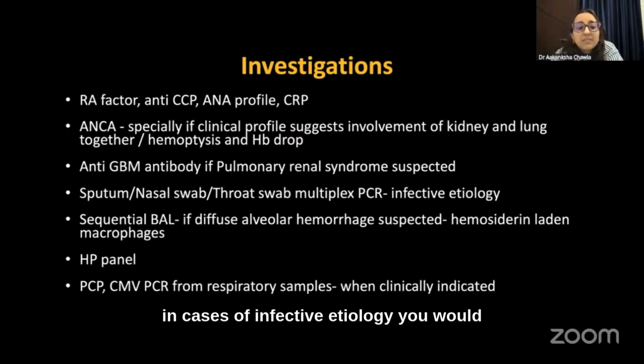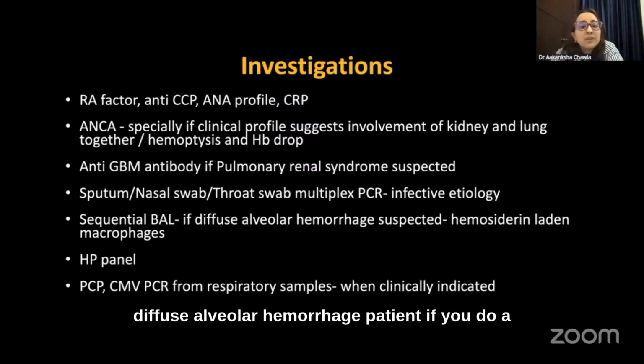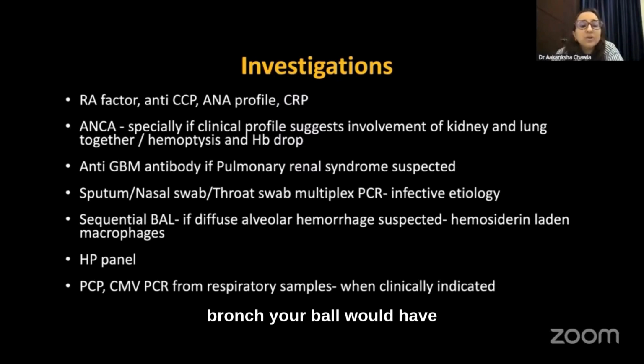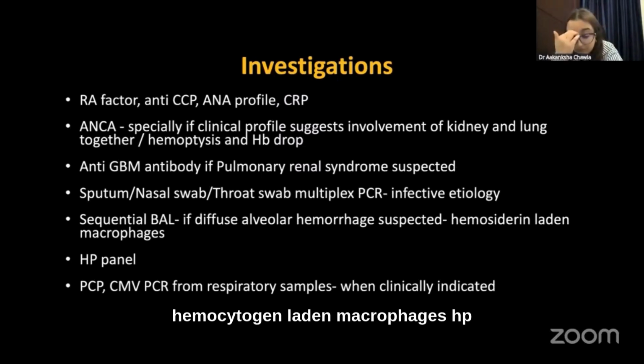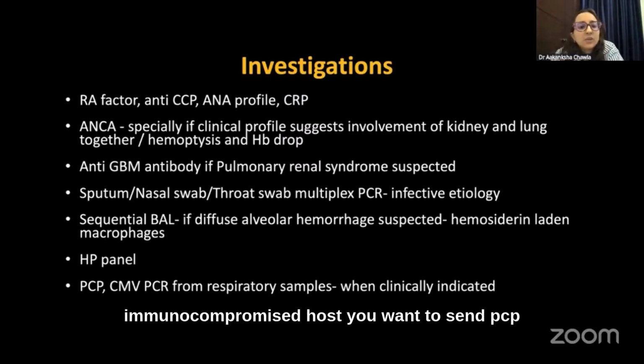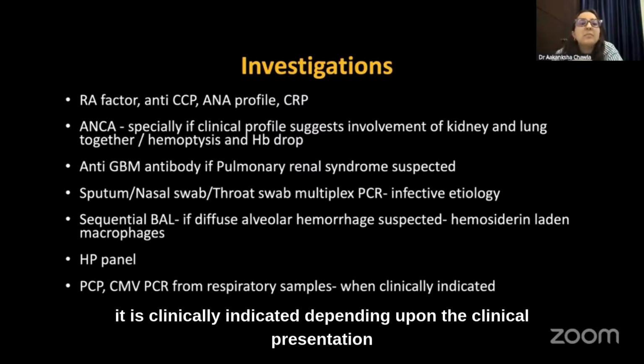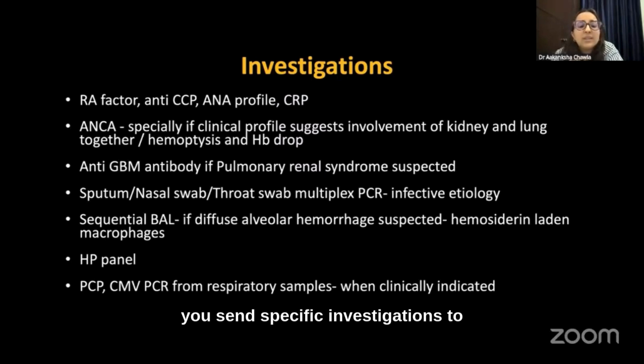In cases of infective etiology, you would send specific respiratory samples, whether it is sputum, secretions, throat swabs, or nasal swabs for multiplex PCRs. For a diffuse alveolar hemorrhage patient, if you do a bronch, your BAL would have hemosiderin-laden macrophages. HP panel in the suspected case. Then, in an immunocompromised host, you want to send PCP and CMV PCR from the respiratory sample. So, wherever it is clinically indicated, you send specific investigations to rule out the underlying cause.